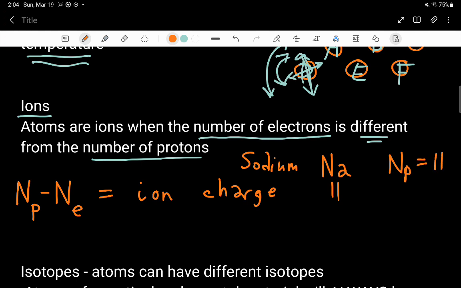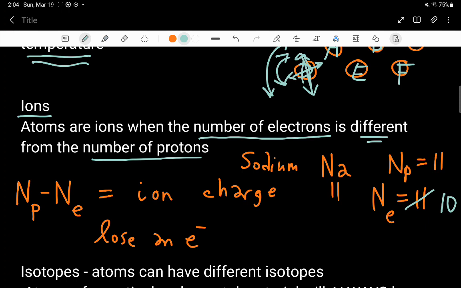And what sodium can do is sodium can lose an electron. So that means if it loses an electron, it used to have the same number of electrons as it did protons. So the number of electrons used to be 11, but if you lose one, then it's 10 instead.